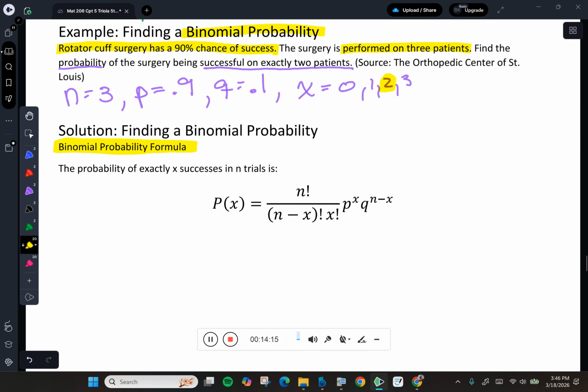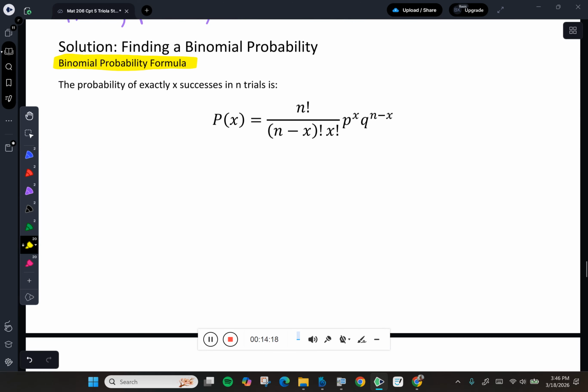The binomial probability formula tells you to do this. The probability that you will see x successes, so remember that means it could be 0 or 1 or 2 or 3 for this experiment, you're going to find n factorial. Okay, does this notation ring a bell with you, this exclamation point? That's factorial notation.